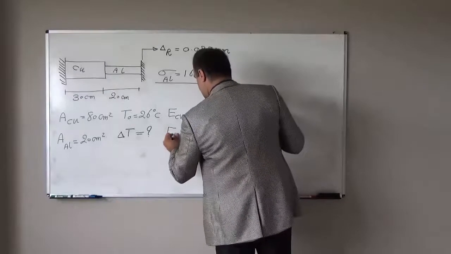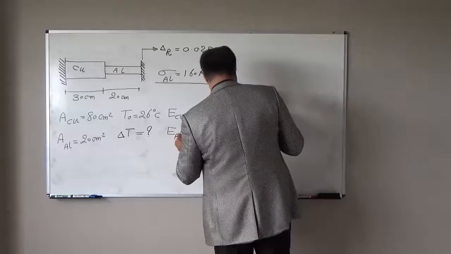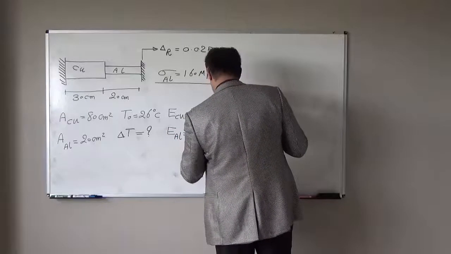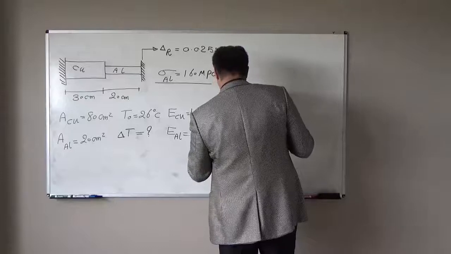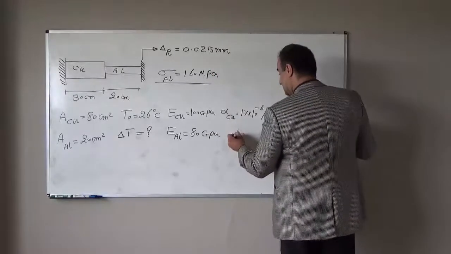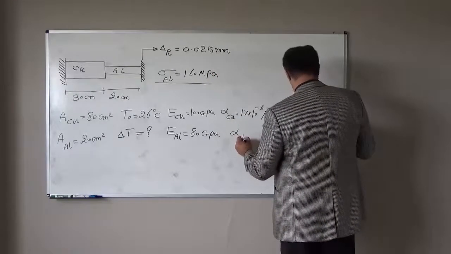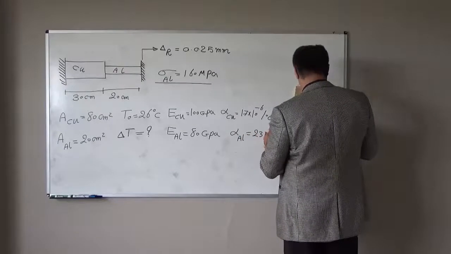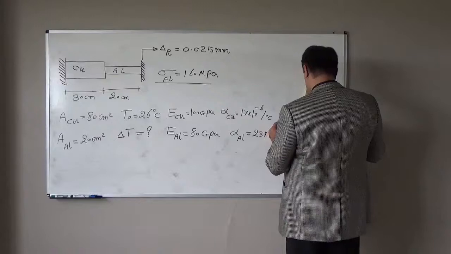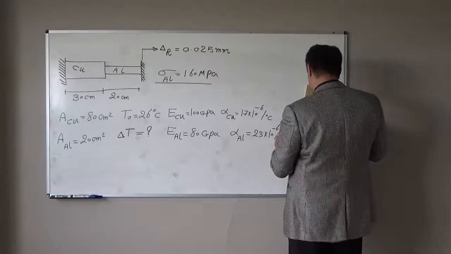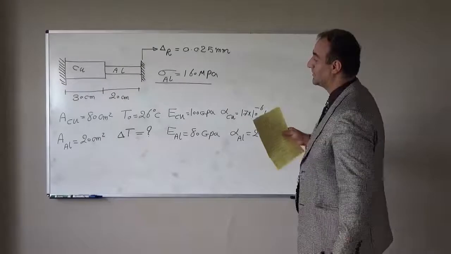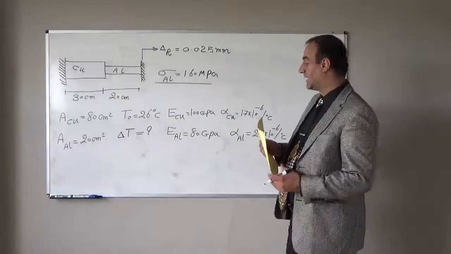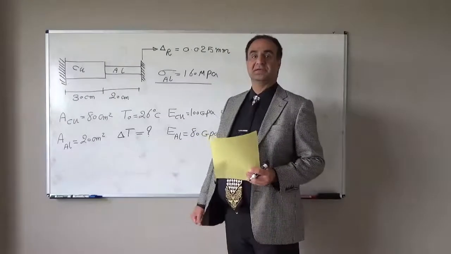Young modulus for aluminium is equal to 80 gigapascal, and the thermal coefficient is equal to 23 times 10 to the power of minus 6 per degree Celsius. So, we want to find this variation in temperature.